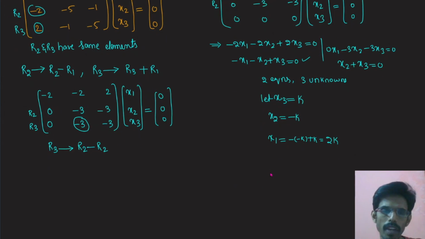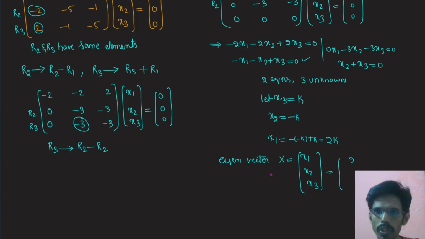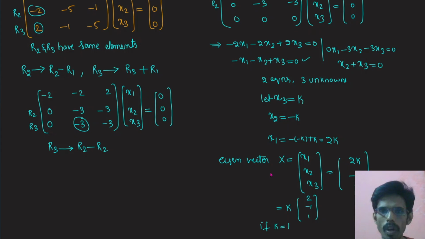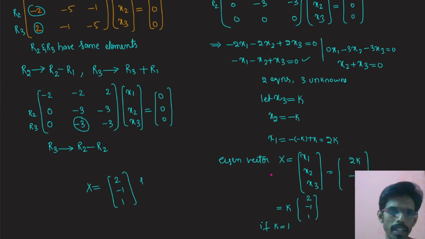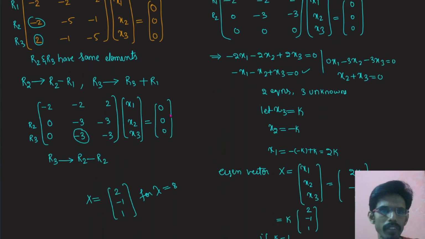Now the eigenvector capital X is x1, x2, x3, so this will become 2k, minus k and k. Take k common, we have 2, minus 1, 1. If I take k value 1, then capital X will become 2, minus 1, 1, which is the eigenvector corresponding to lambda equal to 8.